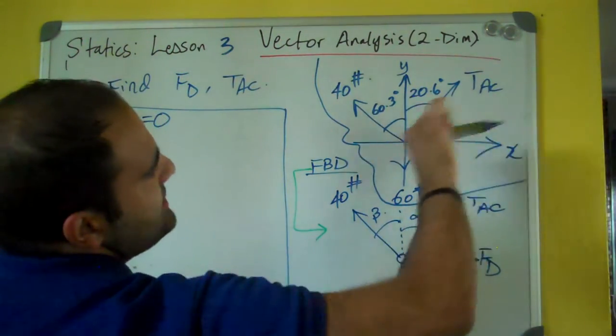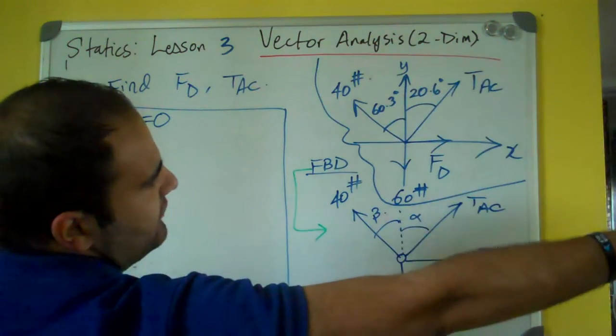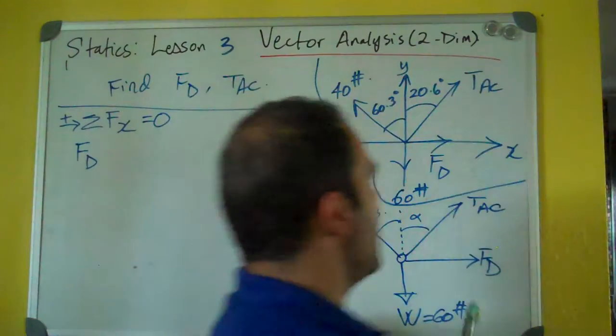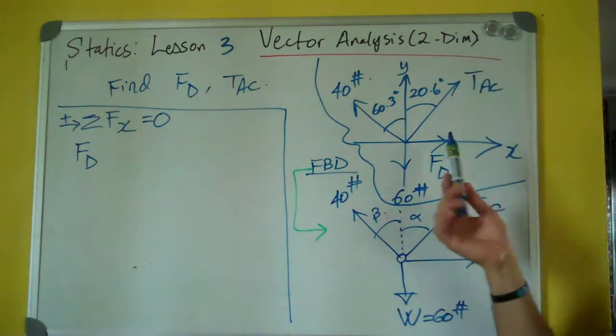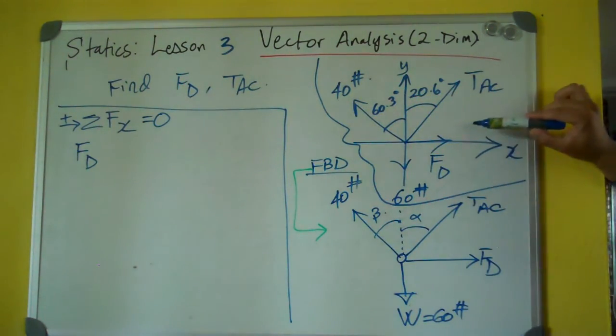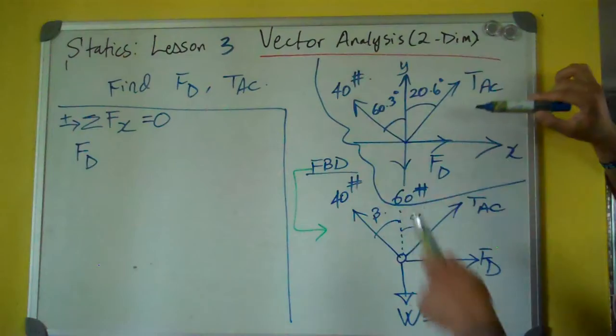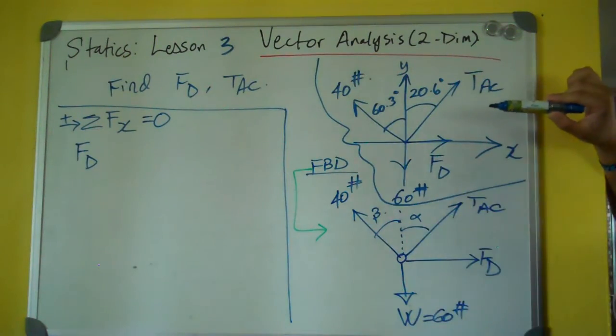TAC is going to be positive, the projection of TAC on the x-axis, right? And in order to get this component, we're going to do what? We're going to do sine, not cosine. And same thing here, we're going to do sine.